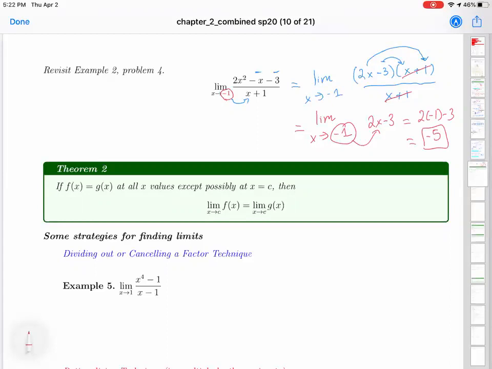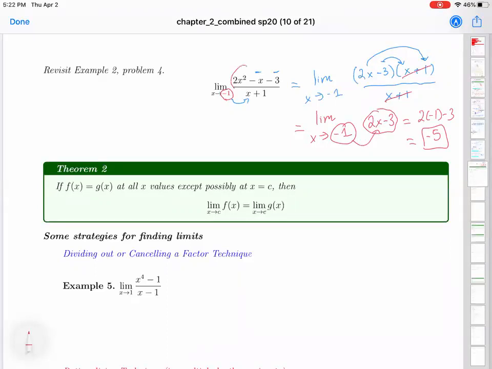At first, I could not plug -1 into the original function, right? But after factoring out the numerator and canceling the term in the denominator, I can plug -1 into the new function, which is very similar.